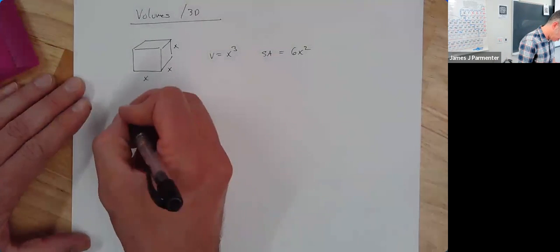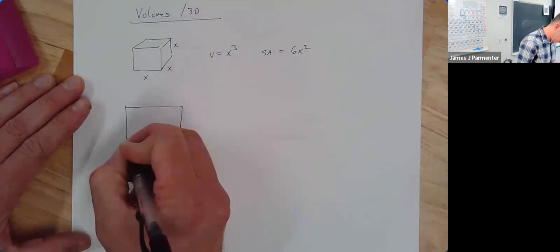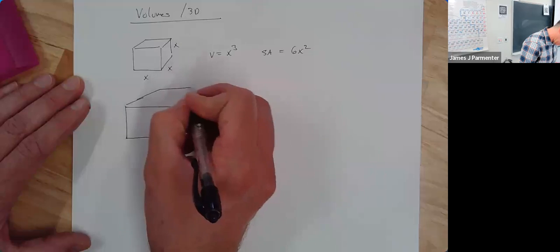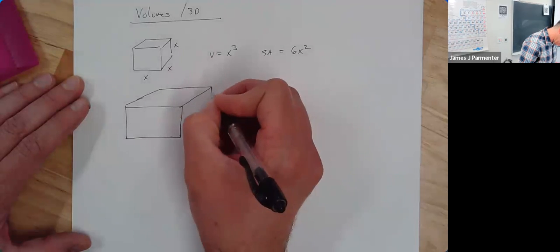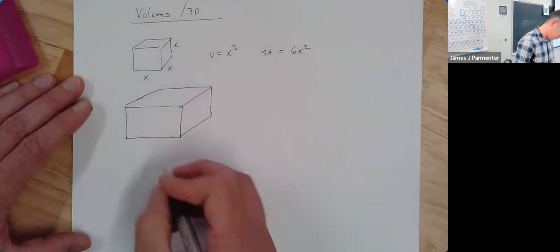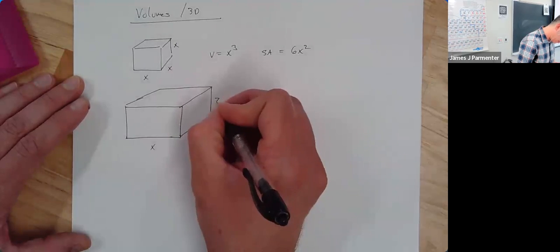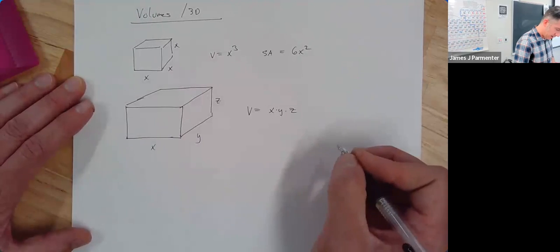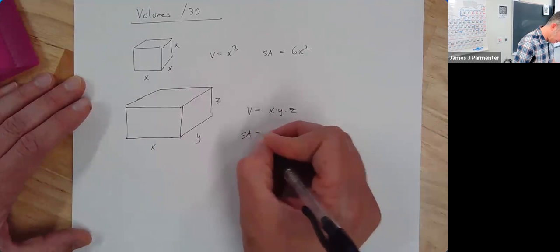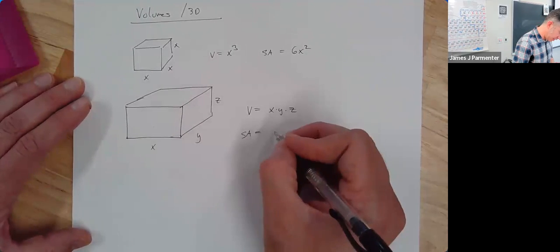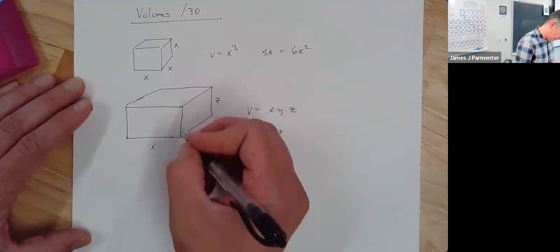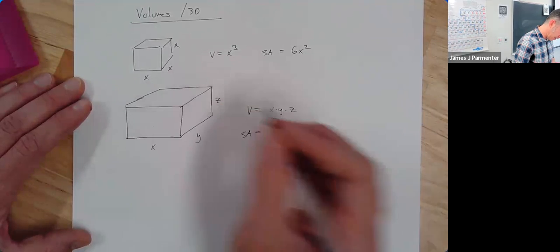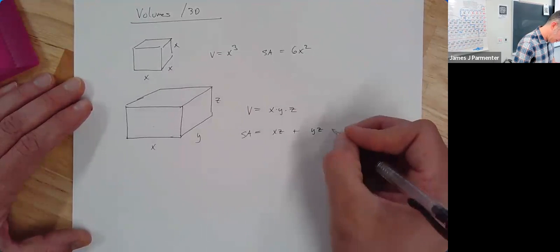So more generally, a rectangular prism or a rectangular parallelepiped, often called, and my picture is looking weird, but that's fine. The volume is x times y times z, and the surface area is, the front face is x times z, the side face here is y times z, and the top face here is x times y.